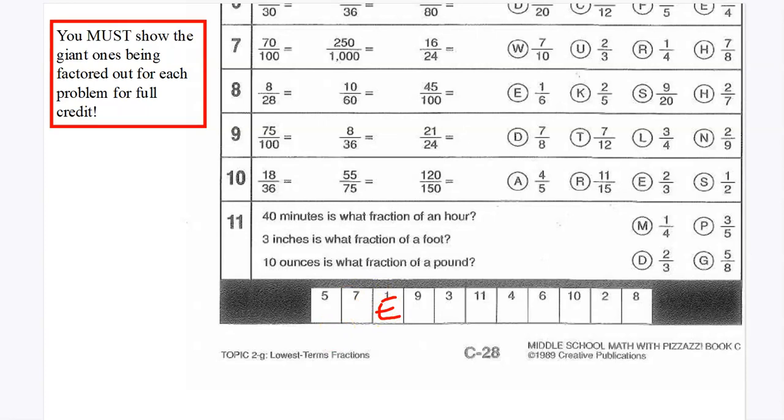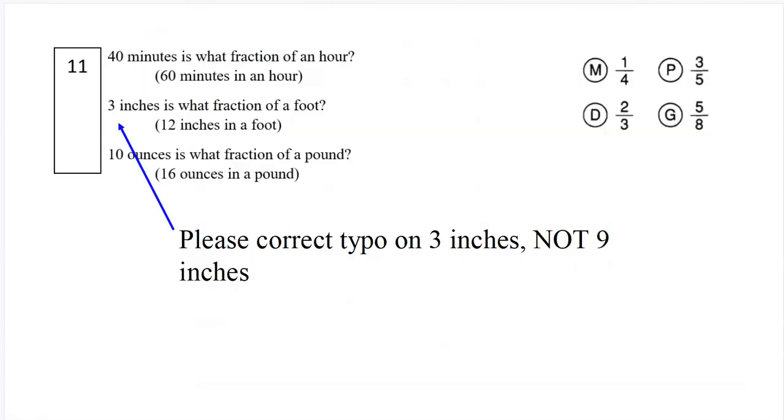Okay, and now I need to go back and show you that there is a typo, right? It looks like this was fixed on your copy, so the 3 is correct. If you had a 9, that would be wrong. Okay, so good luck on the homework.